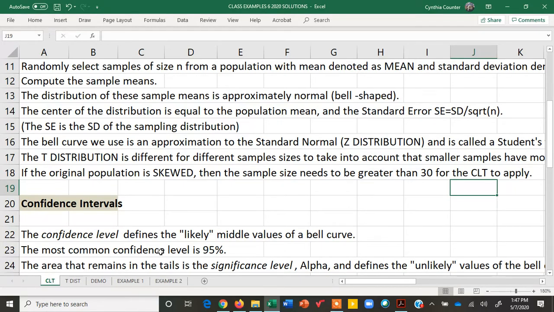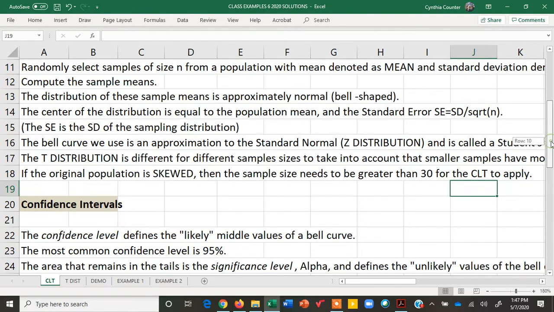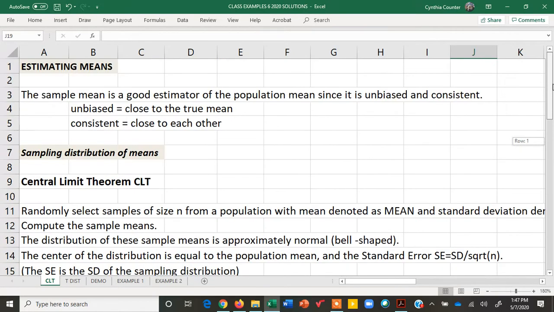And so we use that sampling distribution of the mean then to find confidence intervals or an interval estimate of our sample mean. A sample mean is a single number, so it is a point estimate. We want to know how good is that point estimate. It's a good estimator, but how good is it for our particular sample?